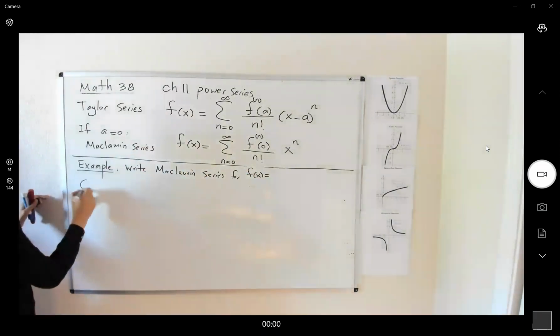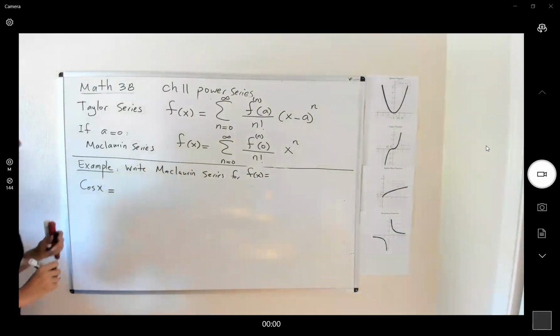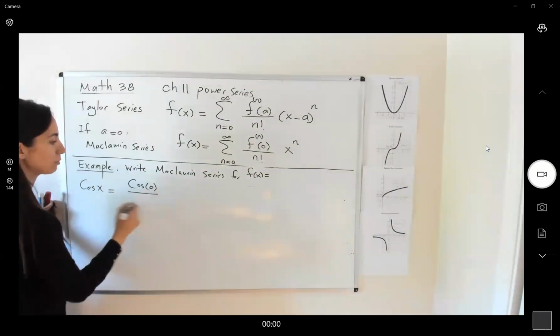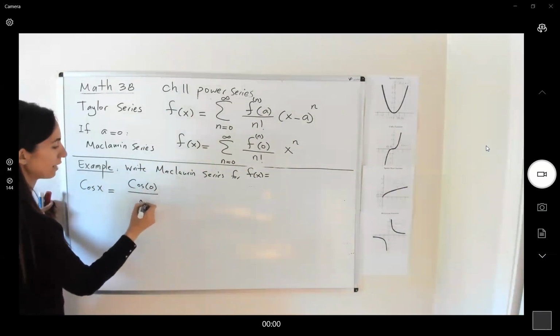So cosine function, cosine of x, can be written as cosine 0 divided by 0 factorial, which is 1.